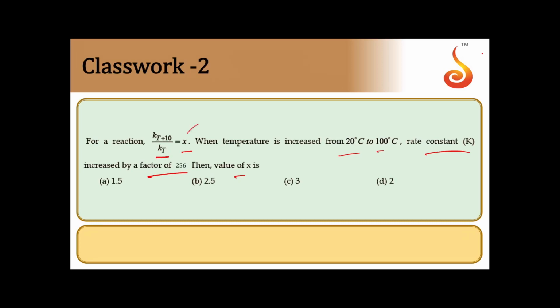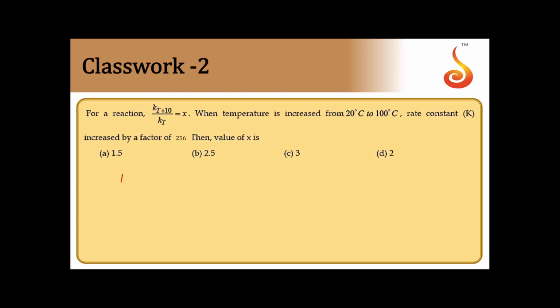Therefore, when temperature is increased from 20 to 100 degrees Celsius, how many times does the rate increase? We need to see how many tens are there from 20 to 100. So 100 minus 20 by 10 is equal to 80 by 10, which means 8. There are 8 tens from 20 to 100 degrees Celsius.